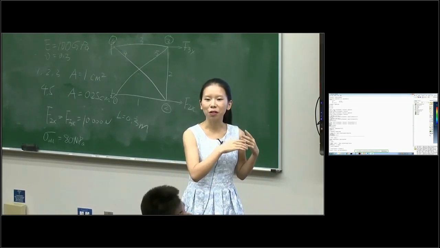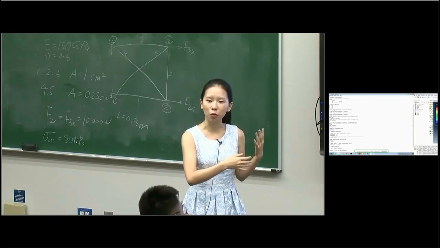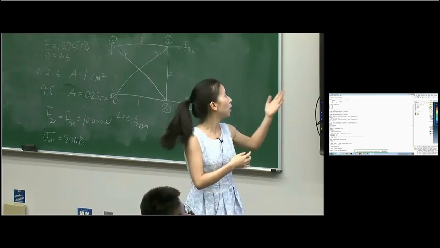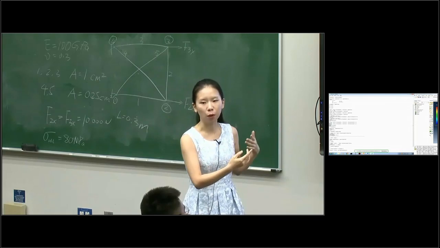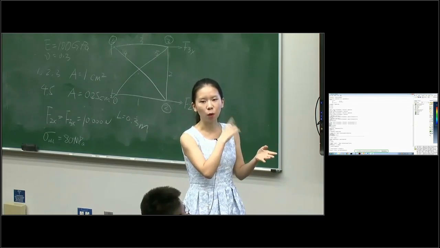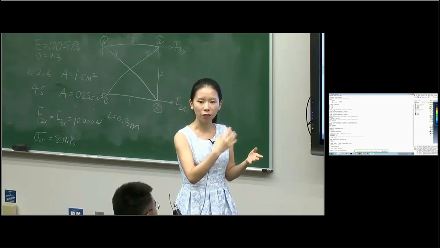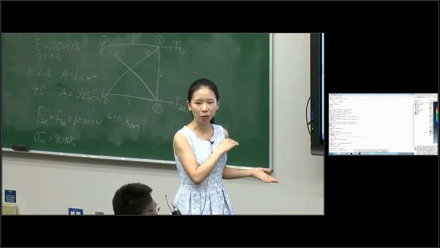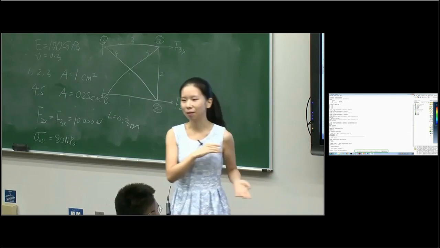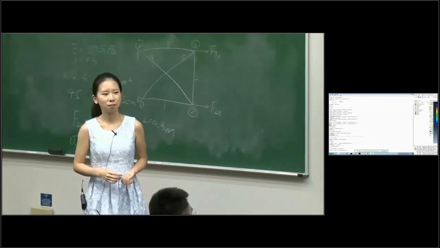I just said you can define 1 to 2 or 2 to 1. The result will be the same. In this way, it means the local coordinates is from node 2 to node 1. But if I exchange it to 1, 2, it means local coordinates from 1 to 2. But no matter how I define it, the final result will be the same. Any other question?